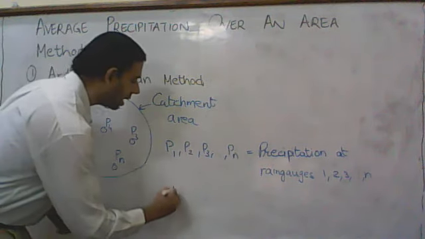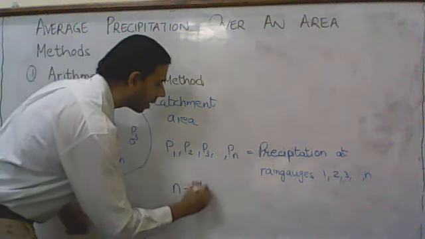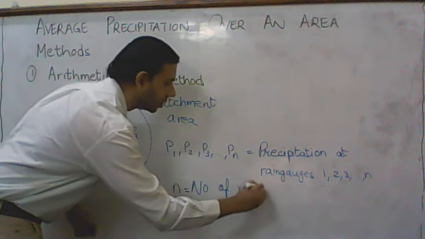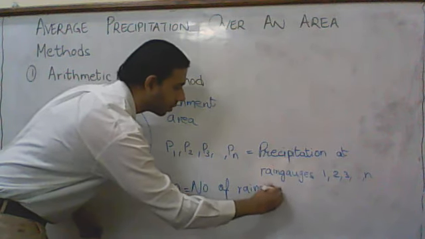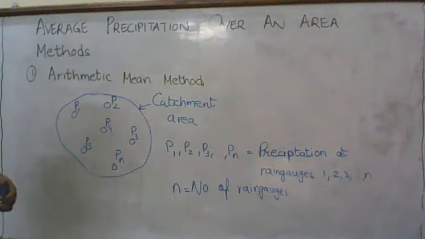And what is n? N is nothing but the number of rain gauges.